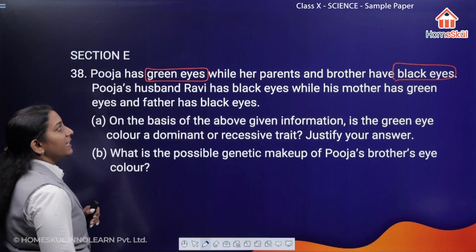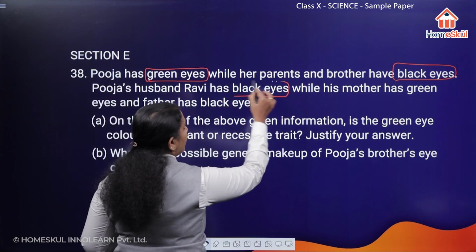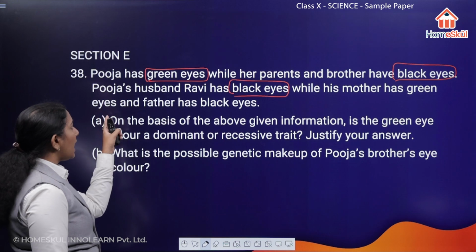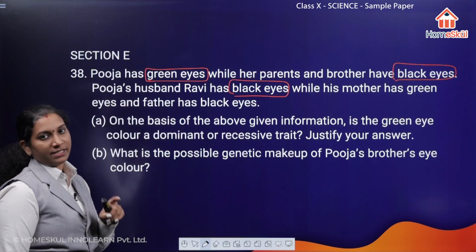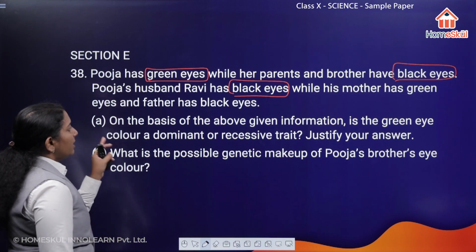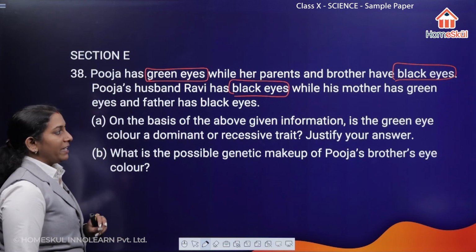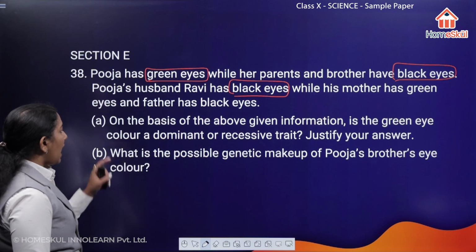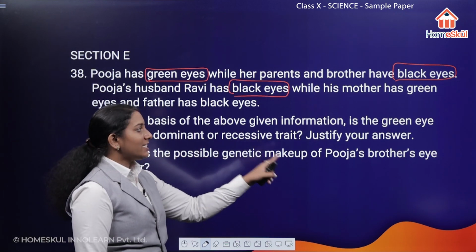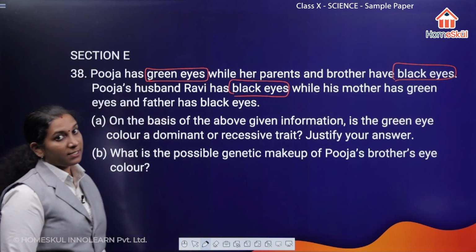Pooja's husband Ravi also has black eyes, while Ravi's mother has green eyes and his father has black eyes. So these are the eye conditions provided, and the question is: on the basis of the above given information, is the green eye color a dominant or a recessive trait? And justify your answer.